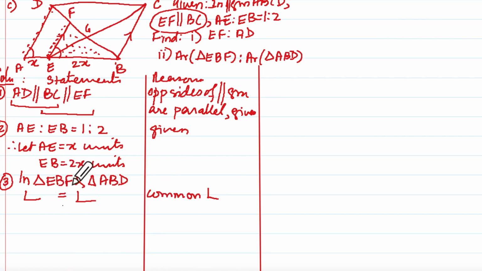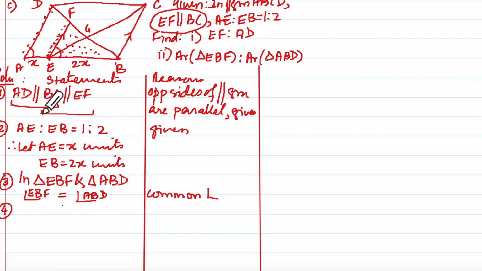Listen, EBF is the first triangle, so you'll have to take the angle of the first triangle. Okay, so that will be angle EBF. And here it will be ABD. That will be the common angle, correct?